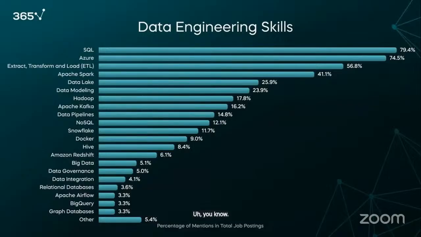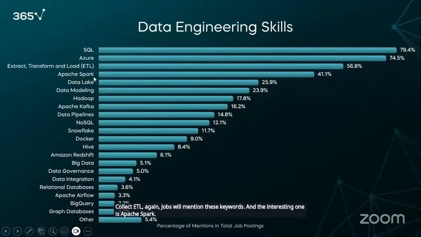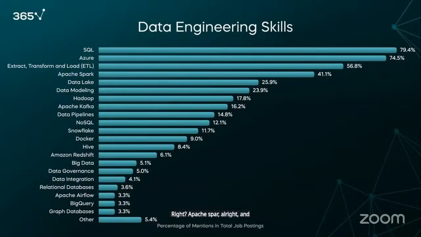than showing this to you, where you can see yourself what is the demand for Azure currently in terms of data engineering. All right, ETL, again, jobs will mention these keywords, and the interesting one is Apache Spark, right? Apache Spark, all right, and this data I think is from 2024, all right.